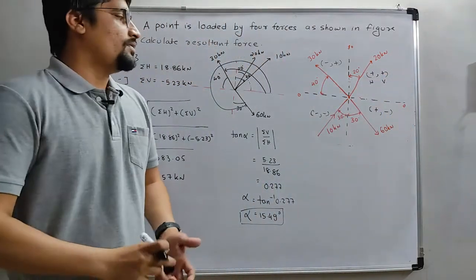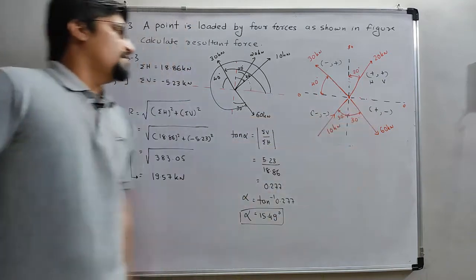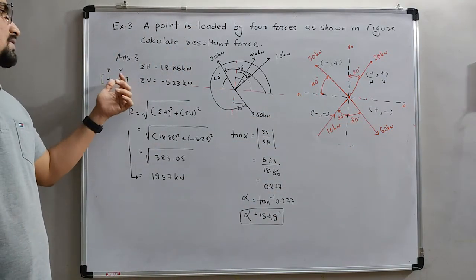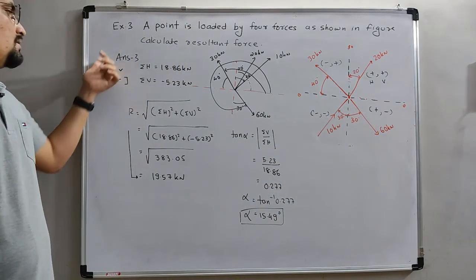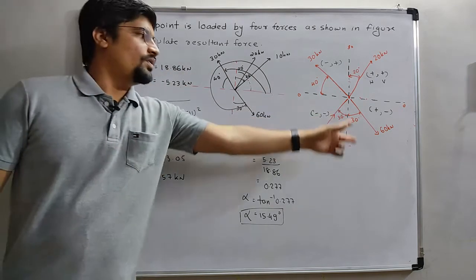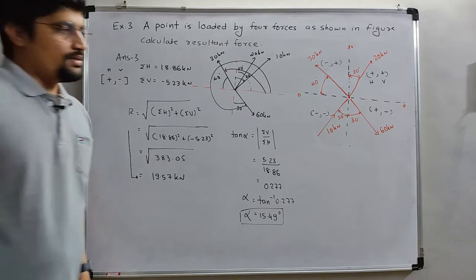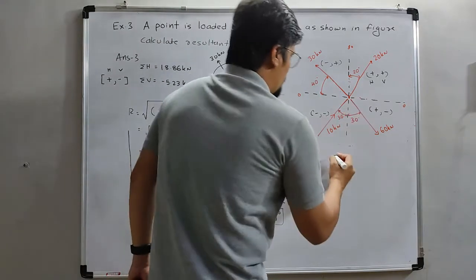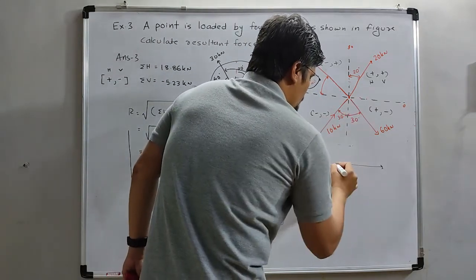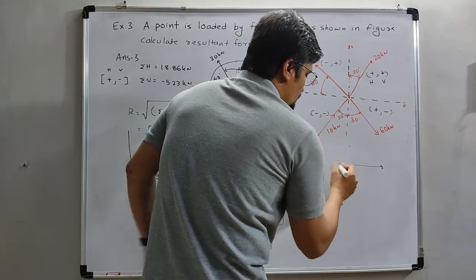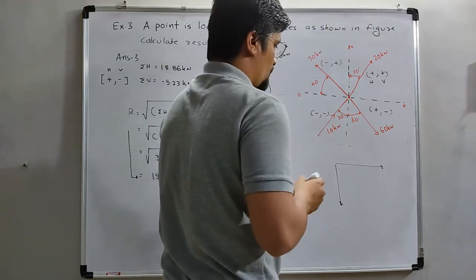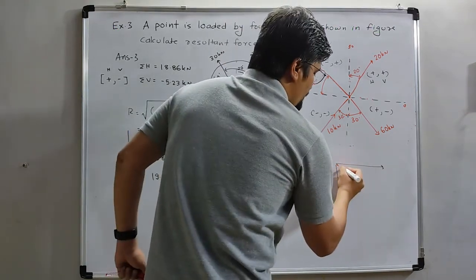Okay, so from the sign we match our sign, that plus and minus. By matching these two, the resultant of our sum will fall in the second quadrant. That's why our resultant will be in this quadrant, second quadrant.